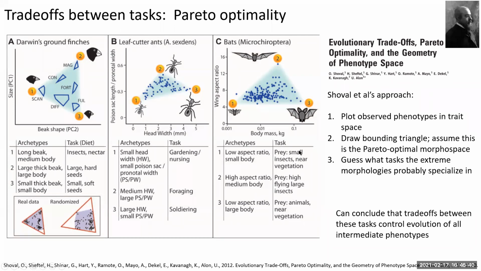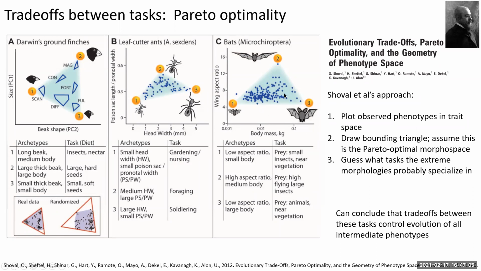And what they did is they plotted their actual phenotypes, and they drew a triangle around them, and they looked at the corners of these triangles, and they said, well, we know a lot of things about these species. We know that this bat over here, we know what it eats, we know sort of where it tends to fly, we know a lot about the ecology of each species, and they just took good guesses.